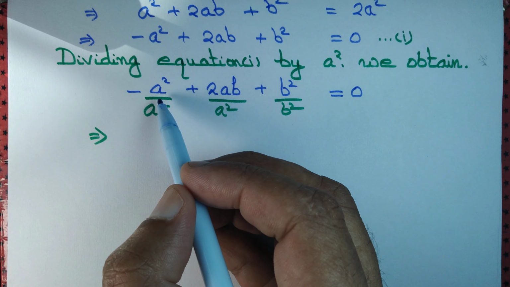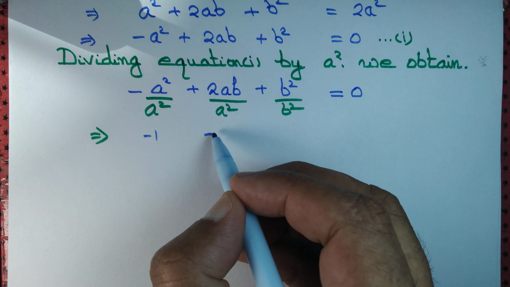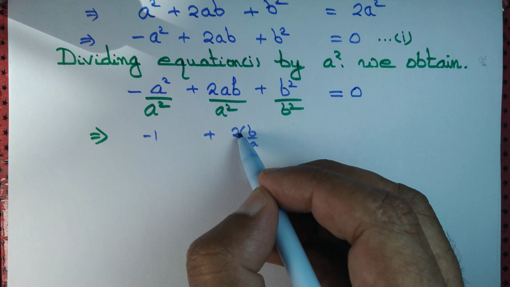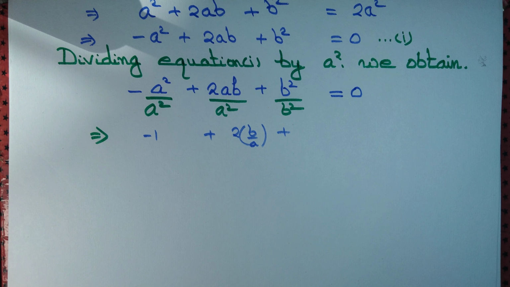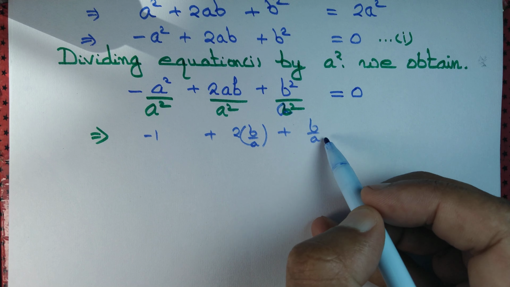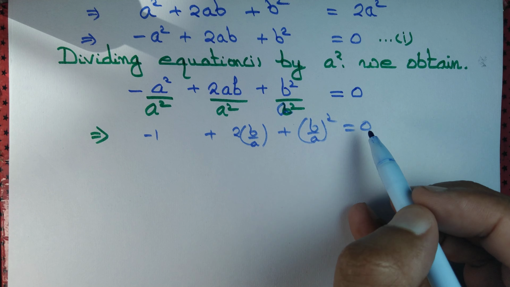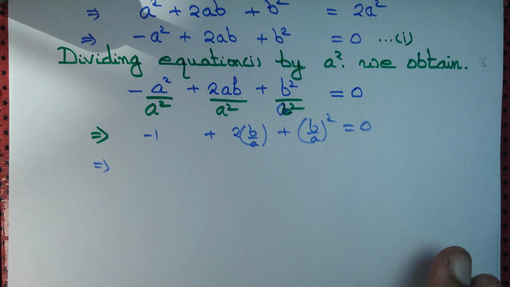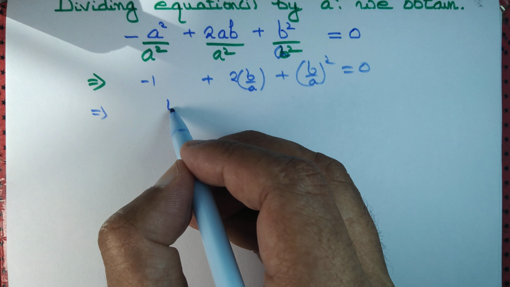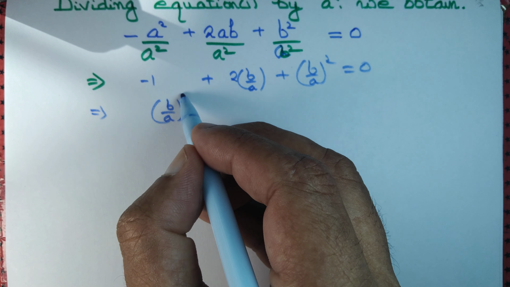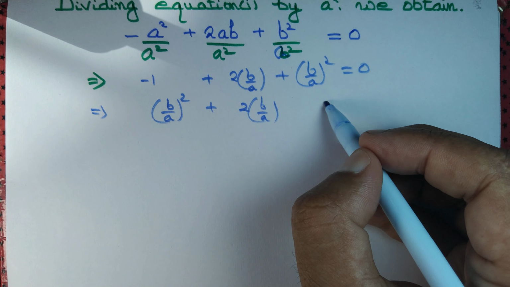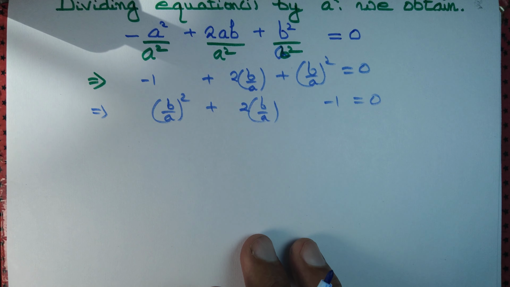So a square will get cancelled, so minus 1, again a will get cancelled, 2b by a plus, we are dividing by a square, so b by a whole thing square equal to 0. Let's write it with the greater power first. So b by a whole thing square plus 2 times b by a minus 1 equal to 0.